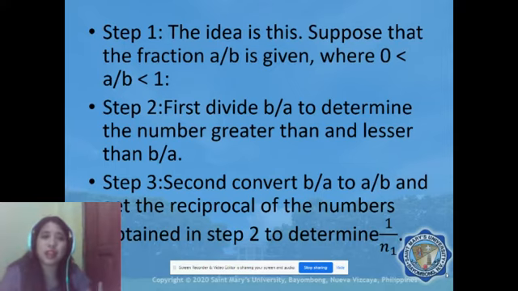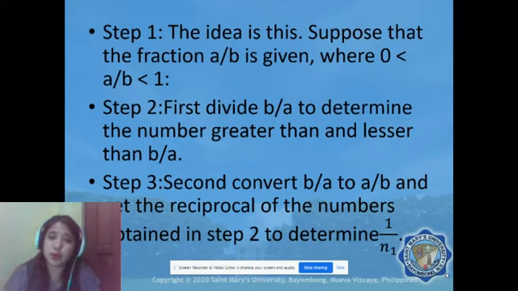After coming up with those two numbers, you have to convert them back, so from b over a you return to a over b. At the same time, the two numbers obtained will also be converted into their reciprocals.